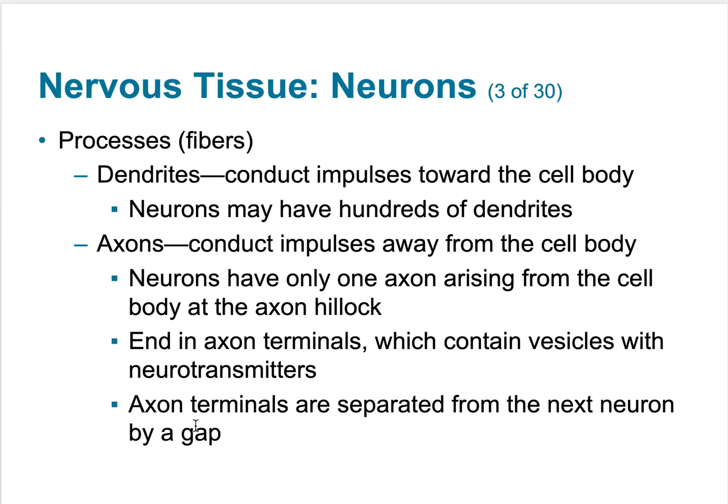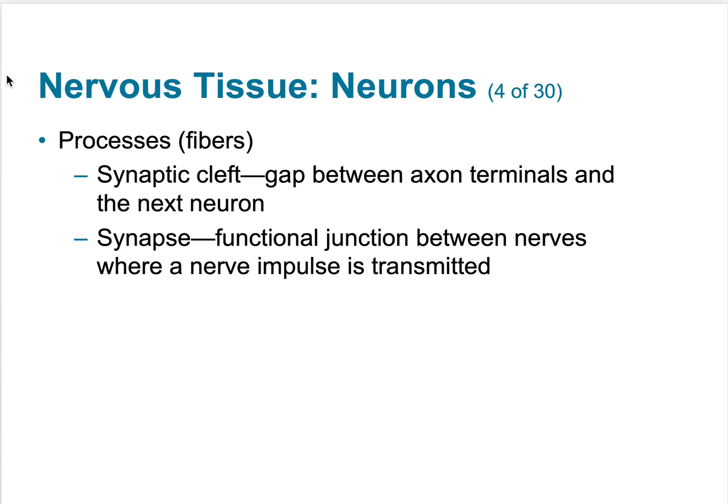That's the gap between one neuron and another neuron, or a neuron and a muscle, or a neuron and a gland. It's the gap between the axon terminal and the next cell. And that next cell could be another neuron, a muscle, or a gland.